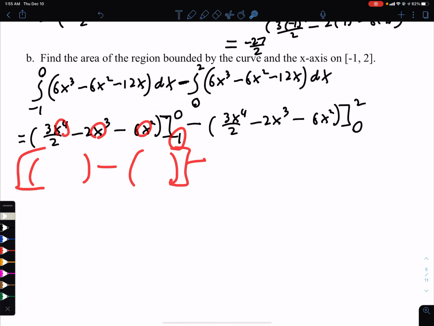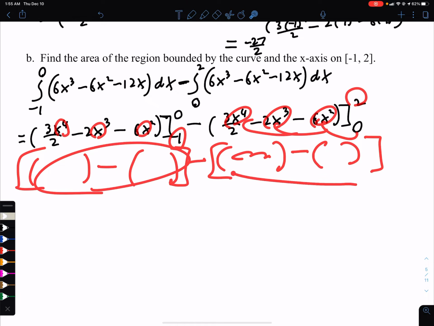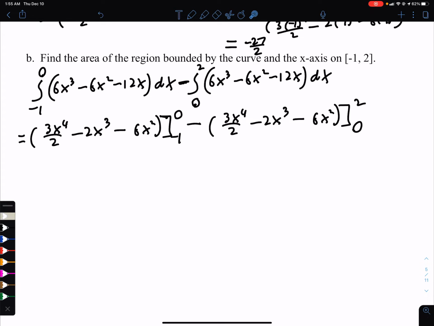Minus, then you do the same thing. You'd plug in 2 here, here, and here, and you'd get a blob. Then you'd plug in 0 here, here, and here, and you get another blob. And so you just combine those, and subtract those. After doing all that work, you will get an answer of something 17 or 18 and a half.